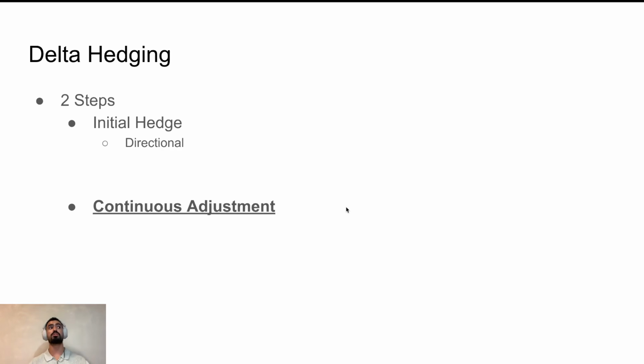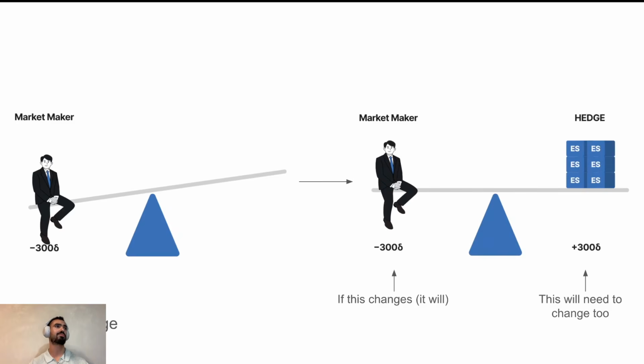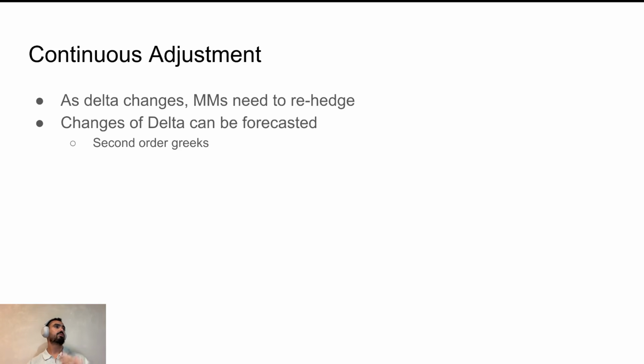And here comes the continuous adjustments that can be tracked with the help of second order Greeks. So as the delta changes, the market makers are going to have to re-hedge. Okay? So if the delta increases in their portfolio, they're going to have to sell.